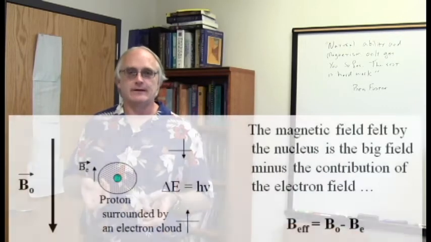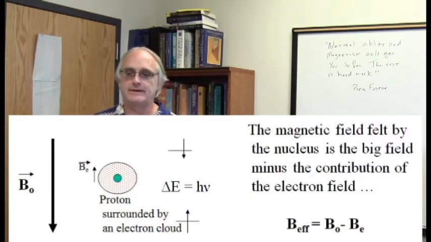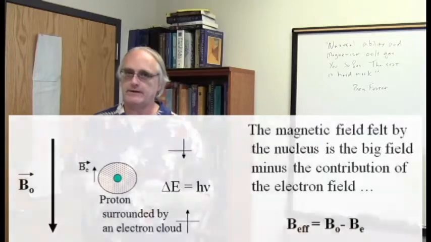And so we will often say what each individual proton feels in a molecule is not necessarily B0, the big honkin' magnetic field, but what is sometimes referred to as B effective, the big honkin' magnetic field minus the diamagnetic contribution of the electrons. And the interesting thing about it is that contribution can change, mainly because the electron cloud around each of our nuclei can be different.